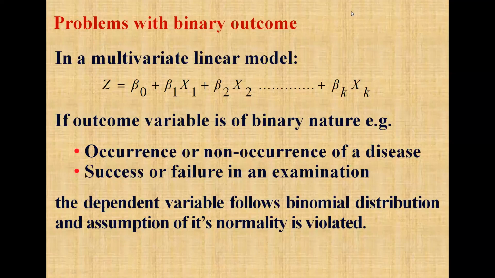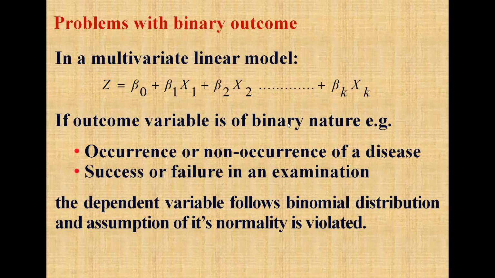Problem with binary outcome. When the outcome variable, or dependent variable, or predicted variable is dichotomous, having only two categories, we cannot use conventional regression analysis. This is the multivariate linear model, and these are the various coefficients I have discussed.